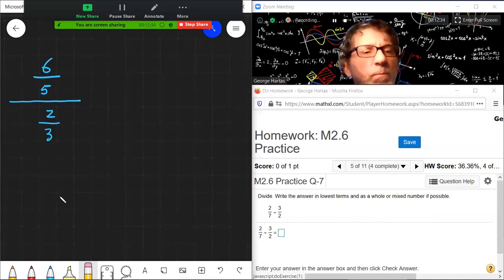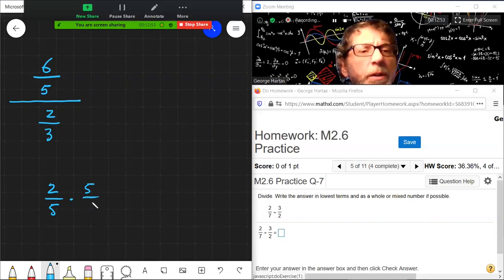Now, let me just pick a couple other numbers here. So let's say we have 2 over 5. If I multiply any number by its reciprocal, you get 2 times 5 is 10. 5 times 2 is 10. 10 over 10 is 1.